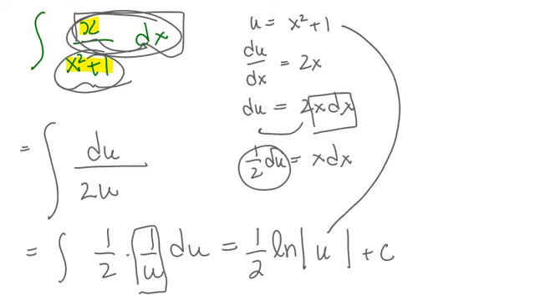And now I'm going to replace my u with x squared plus 1. And x squared plus 1 is always positive, so that means I can take off this absolute value. And I get my final answer, which is 1/2 log of x squared plus 1 plus c.